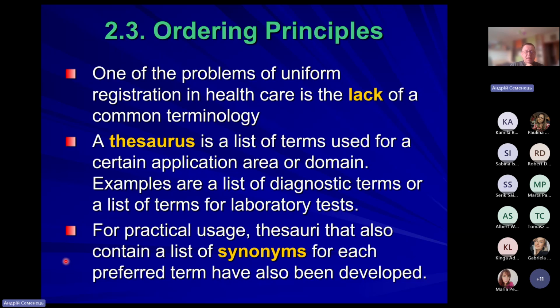First of all, it will be a thesaurus, or a list of terms which is used for a certain application area, or domain. So in the case of medicine, examples will be a list of diagnosis terms or a list of terms for laboratory tests, all possible tests. So a thesaurus is composed of a list of all possible terms.